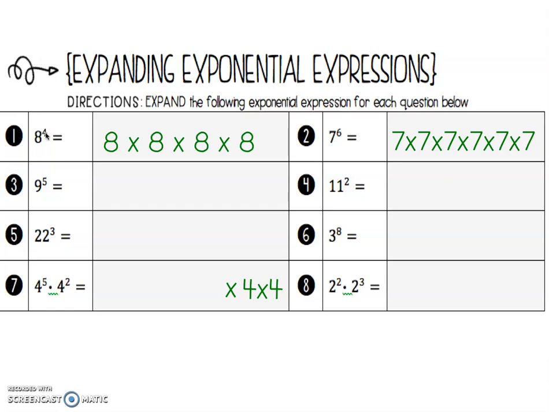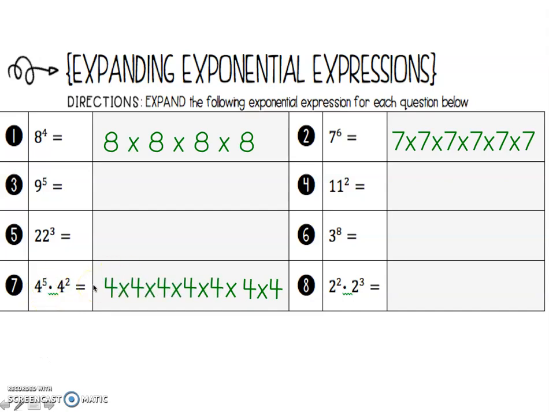All right, I want you to scooch on down there to number 7. On number 7, that one looks a little bit different. It says 4 to the 5th power times 4 to the 2nd power. Now, this dot in the middle is just another way to write a multiplication sign. So what we're going to do is take our 4 to the 5th and expand it out.